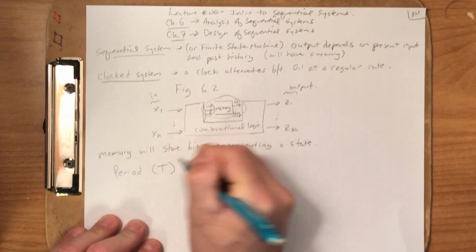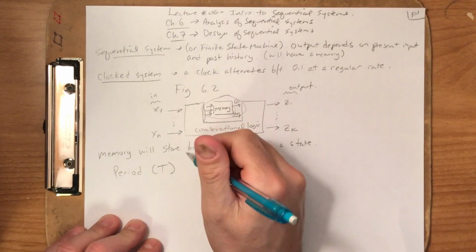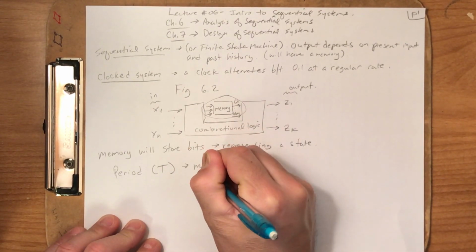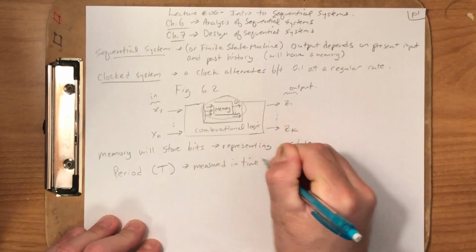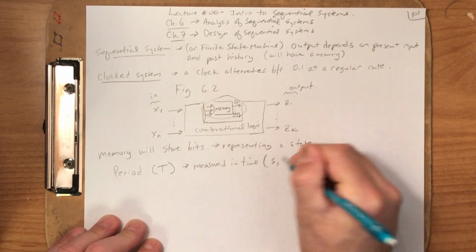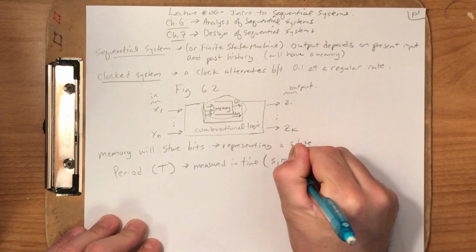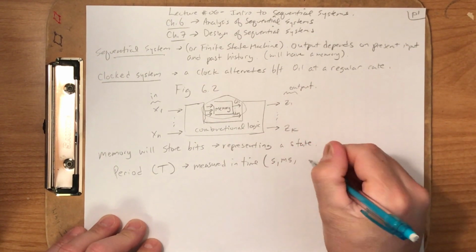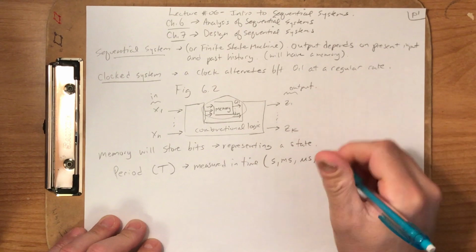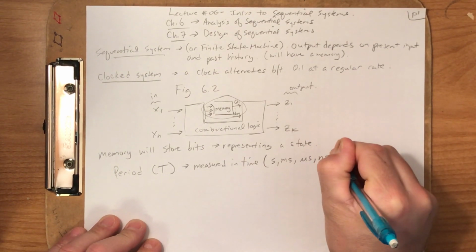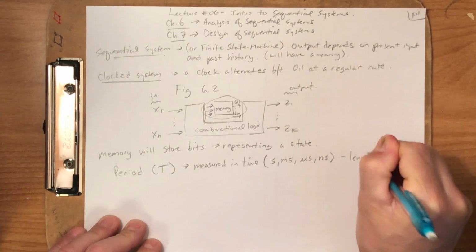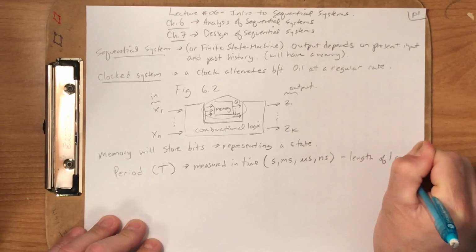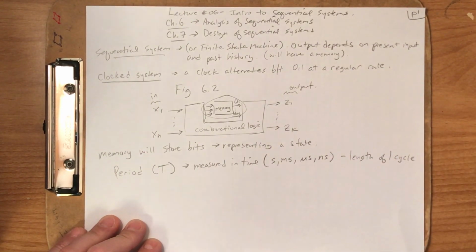Period, and we represent it with the symbol T. It's measured in time, so maybe seconds, milliseconds, microseconds, nanoseconds. It's the length of one cycle.